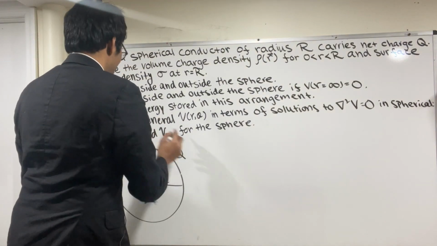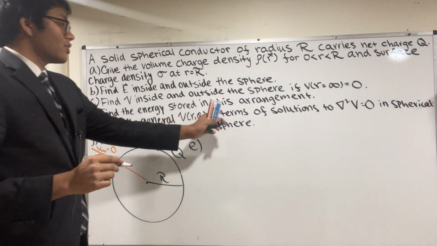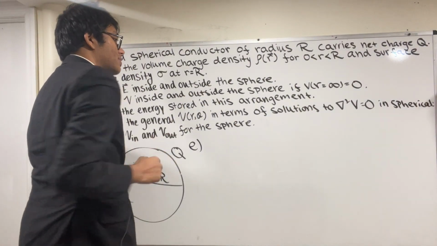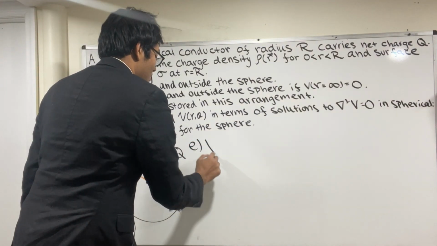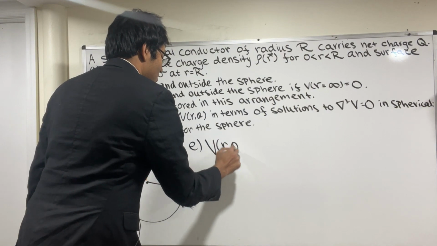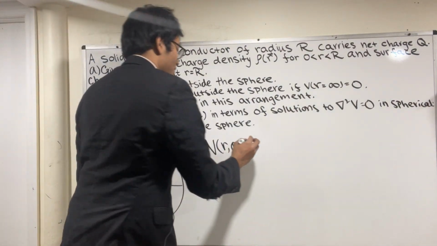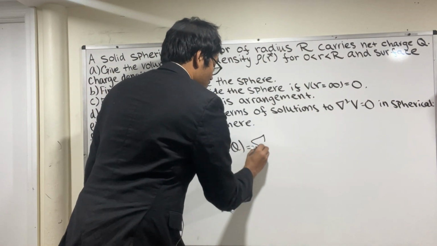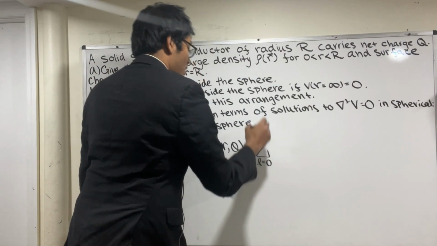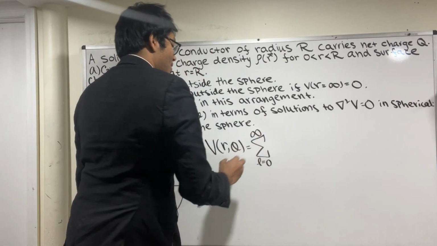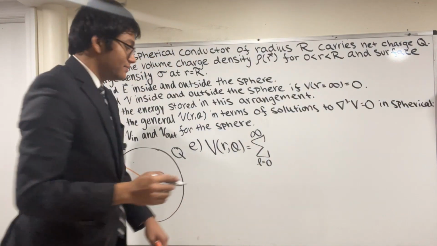So for part E, we have to write down the general electric potential in terms of solutions to Laplace's equation in spherical coordinates. So the solution to Laplace's equation in spherical coordinates, neglecting the phi hat direction, is as follows. The summation from L equals 0, note that the starting is not 1, but rather 0, to infinity of, see how it's similar to a summation?